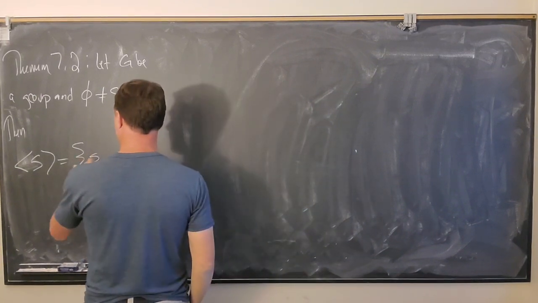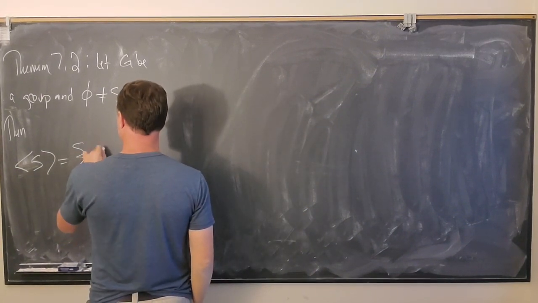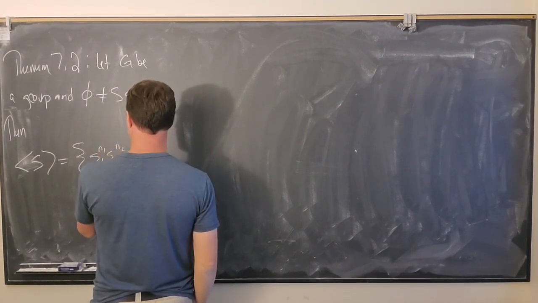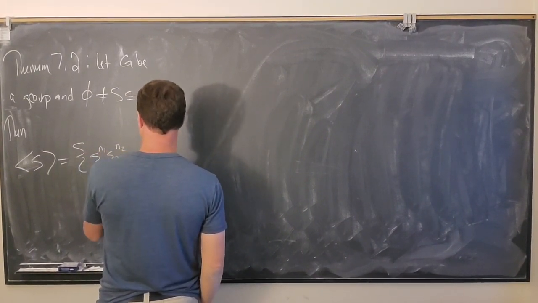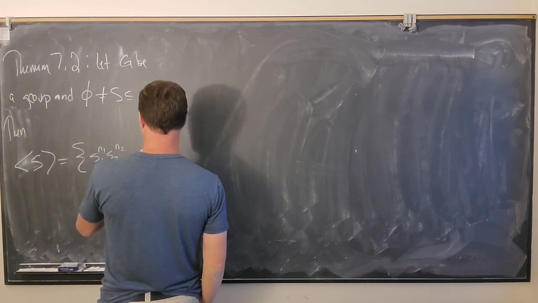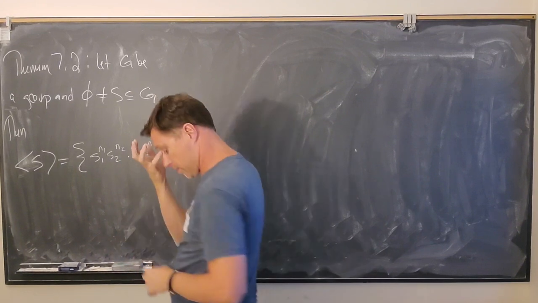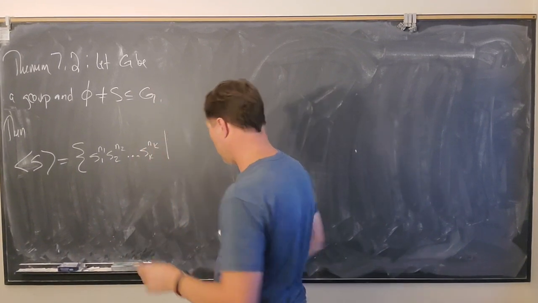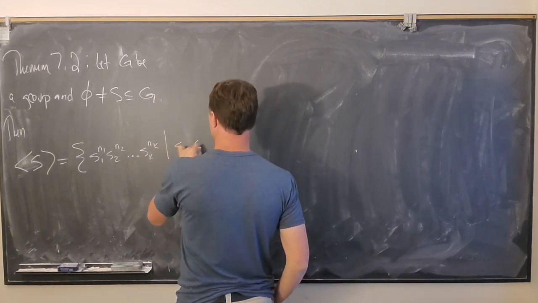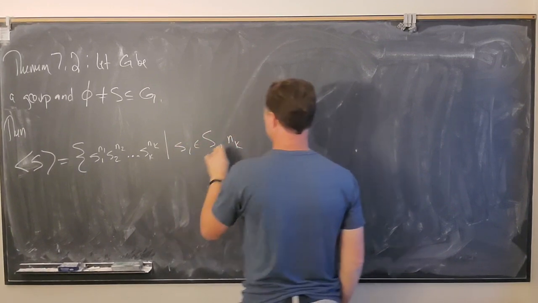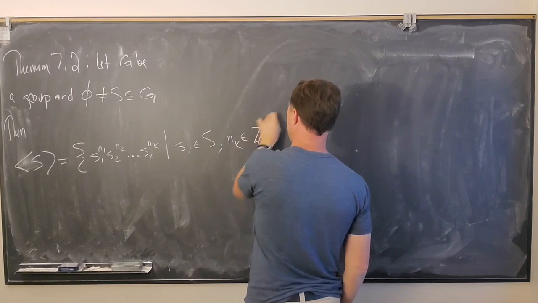It's equal to the set of all things in the form S1 to the N1, S2 to the N2, dot dot dot, Sk to the Nk, where the Si's come from S, and the Nk's come from the integers.